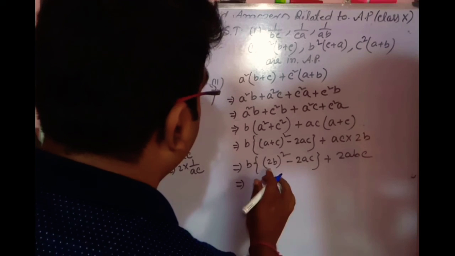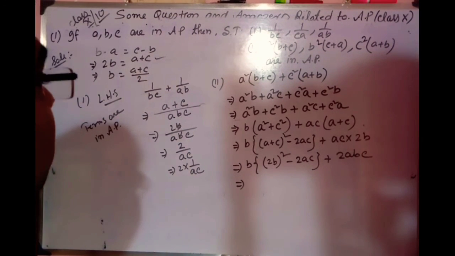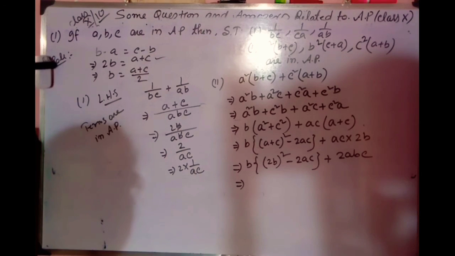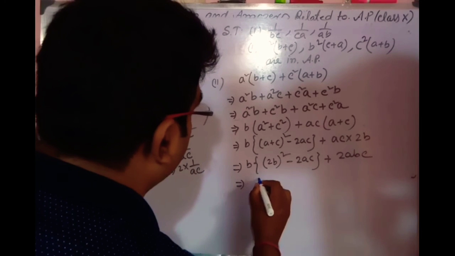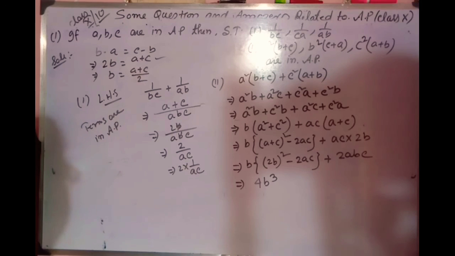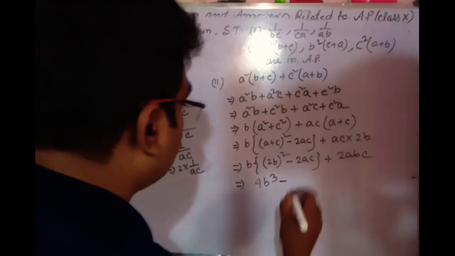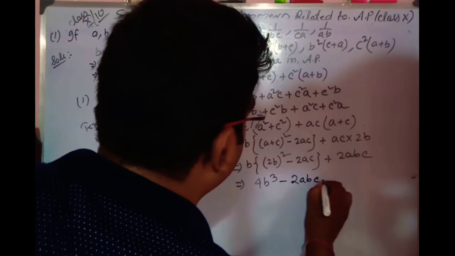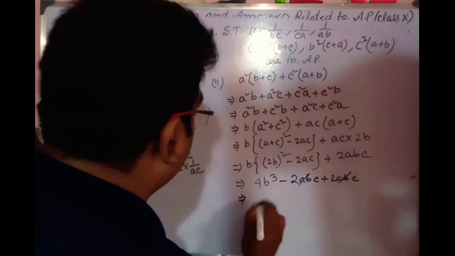Multiplying B over here, we are getting 4B cube. So that means 4B cube minus 2ABC plus 2ABC cancels. 4B cube.